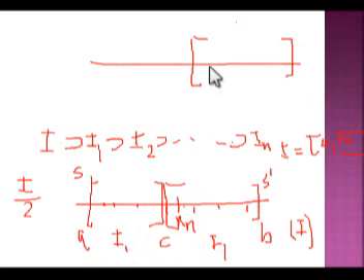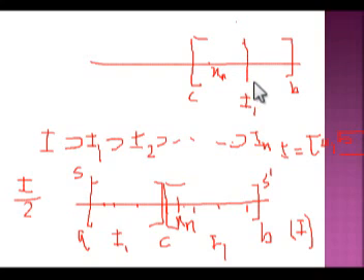Here xn belongs to the interval C, B, and this is the interval I1. Now I1 is again divided by 2, and it reduces in this way to this line.